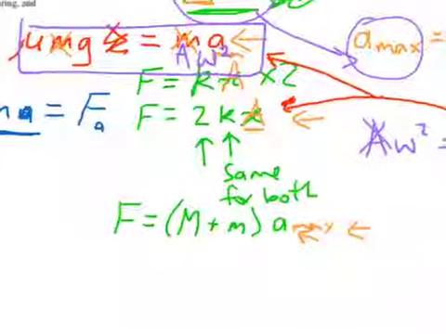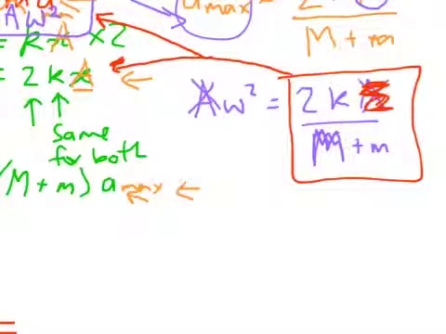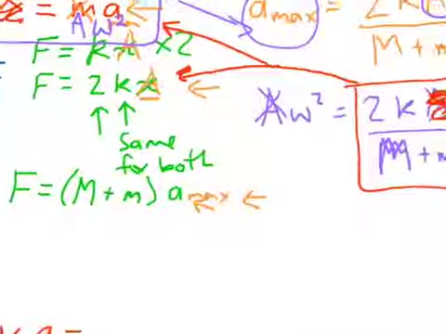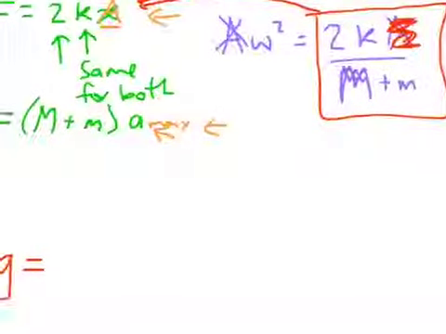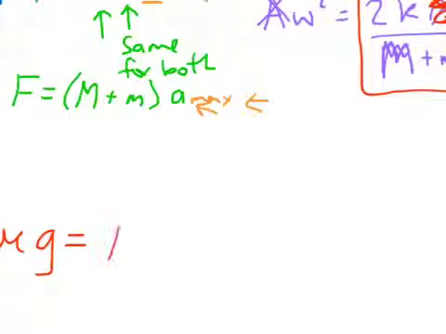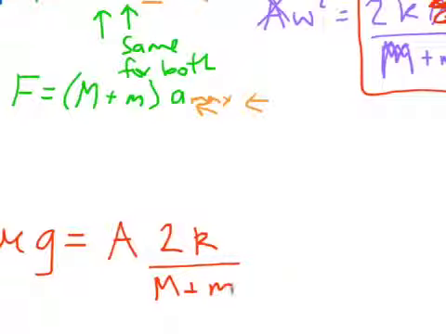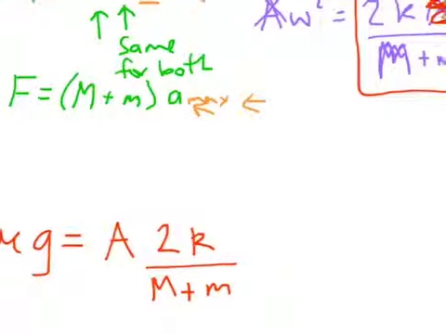So that's going to equal A times this part of omega squared over here, which is A times 2k over M plus m. Let's just make sure I haven't left any parts out.